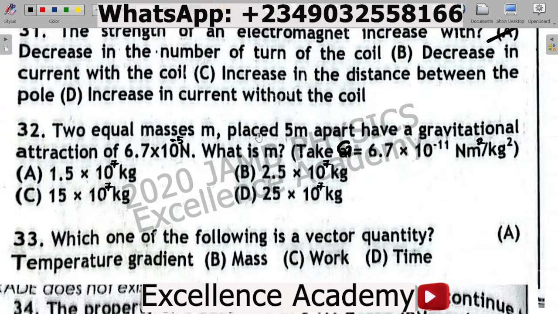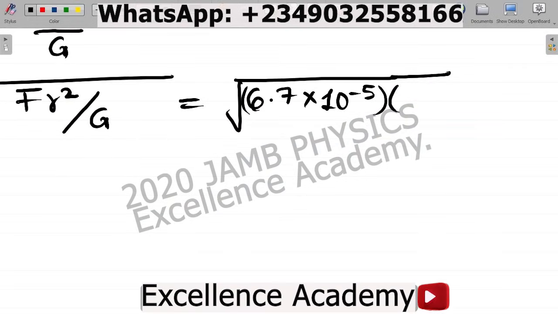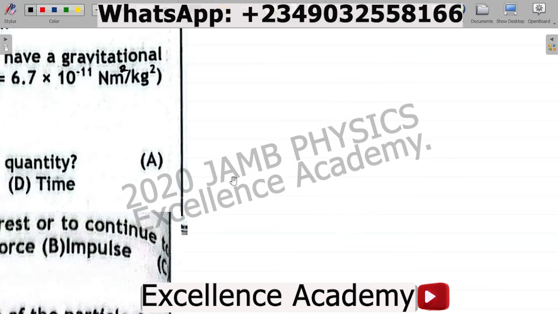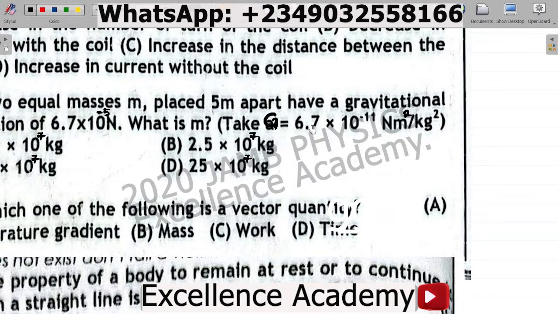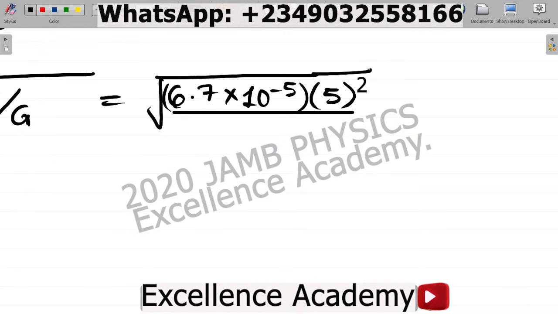They said placed 5 meters apart. So R is 5, all over G. G there is the universal gravitational constant, given here as 6.7 times 10 to the power minus 11. You have this. All right, let's work on this.